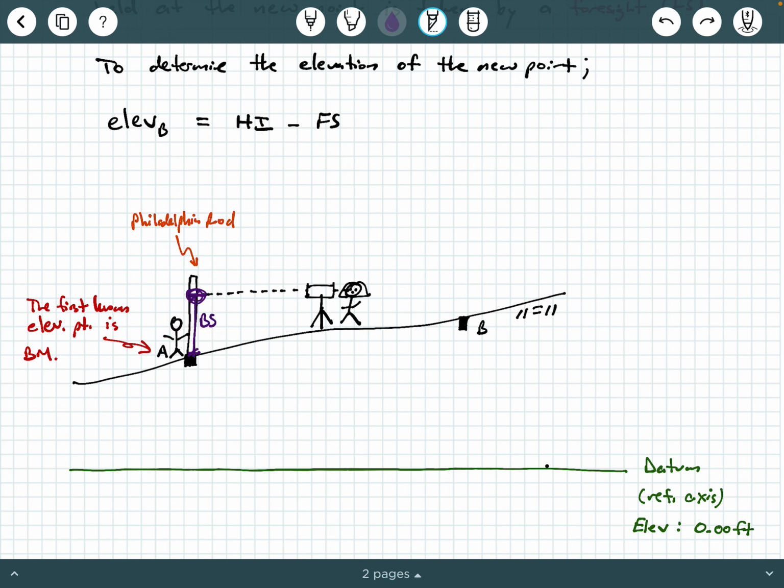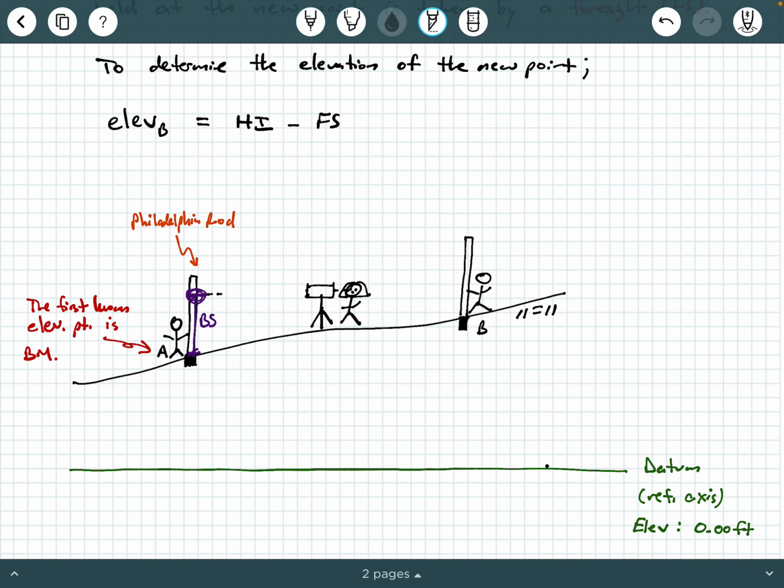For the sake of clarity on this video, I'm going to maybe do some editing and erasing here. But basically, again, this person is going to move the rod over here, and he's going to be standing right here, same guy holding the rod there.